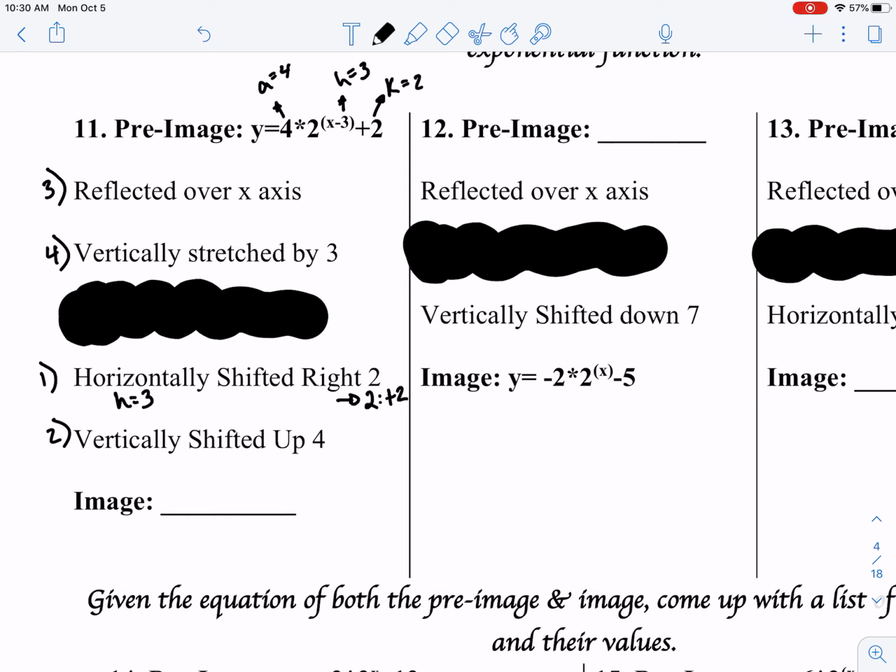K is equal to 2. So 3 plus 2 is 5. Up 4 is really just plus 4. So 2 plus 4 is 6. So I'm going to be at plus 6. 2 to the x minus 5.